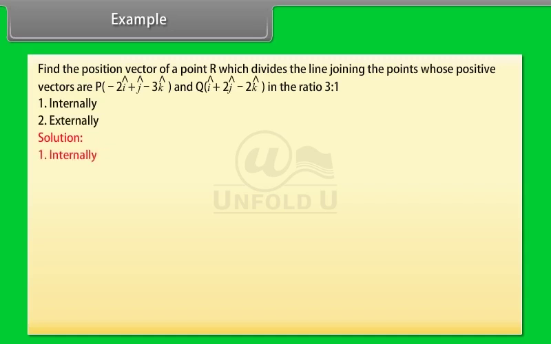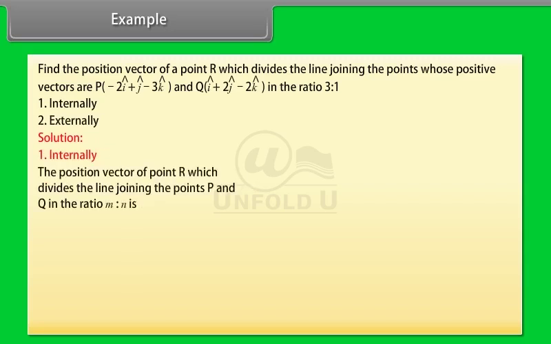Solution: 1 internally. The position vector of point R which divides the line joining the points P and Q in the ratio m:n is vector OR equals (m vector B plus n vector A) by (m plus n). Here m is equal to 3, n equals 1. Vector A equals minus 2 cap i plus cap j minus 3 cap k.